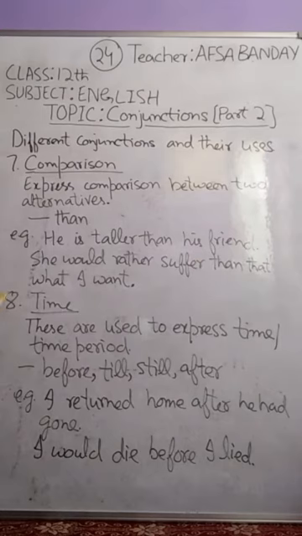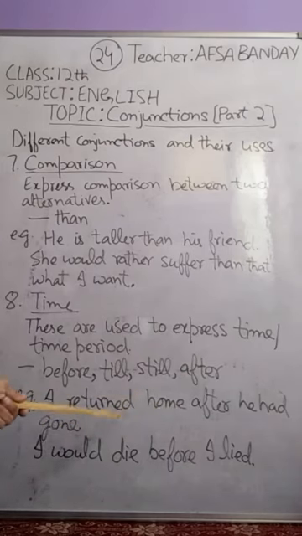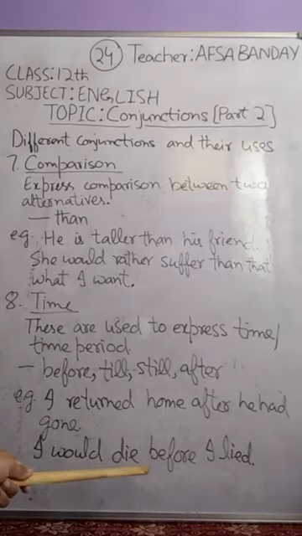And another one is time. These conjunctions are used to express time or time period. It includes before, till, still, after. For example, I returned home after he had gone. So there it expresses a time period. That means when I returned, he had already left. In another example, I would die before I lied.